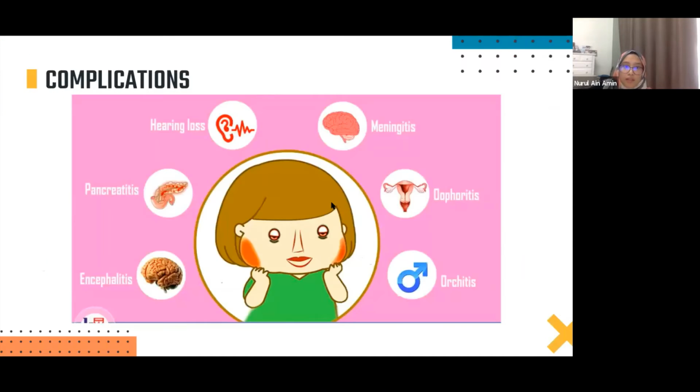Okay, and next, these are the complications. The most common complication is meningitis, with or without encephalitis, or even gonadal involvement. The rest are uncommon, such as conjunctivitis, optic neuritis, pneumonia. Pancreatitis is also not that common a complication.